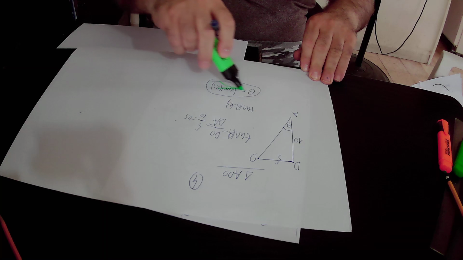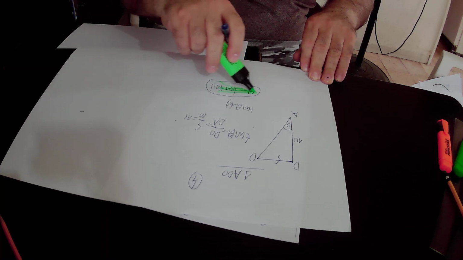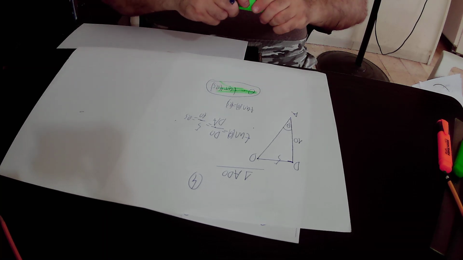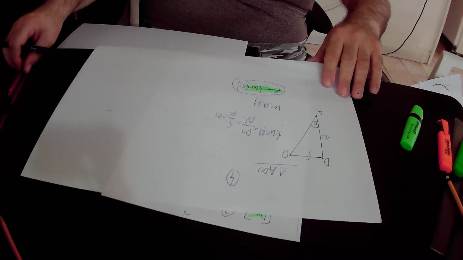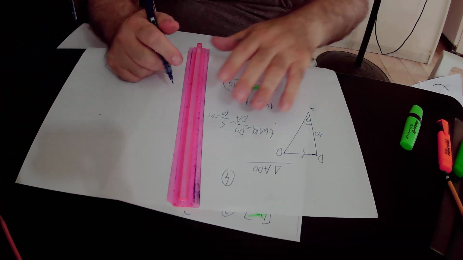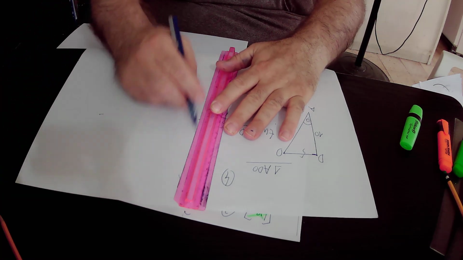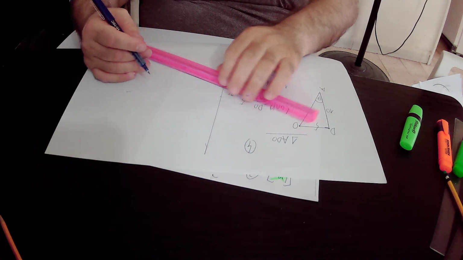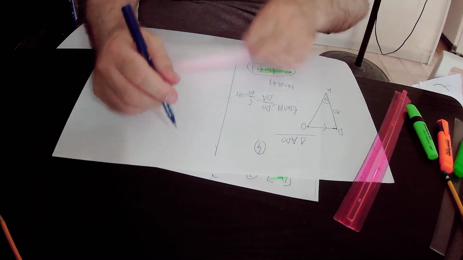We found that theta equals tangent inverse of 0.5. In the next step, we will find the value of sine 2 theta. So I copy the right triangle DOA again here.